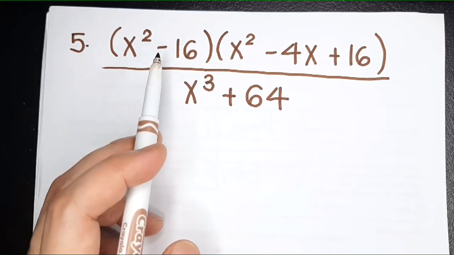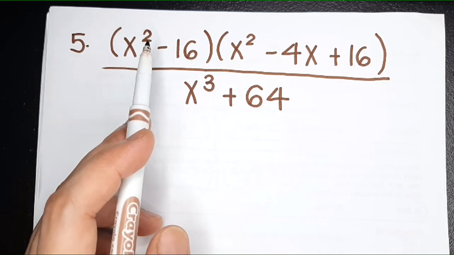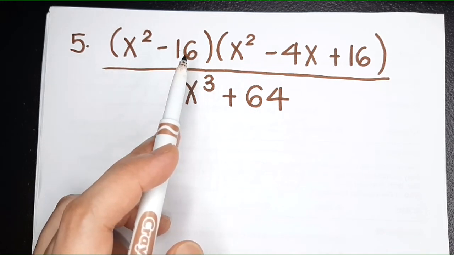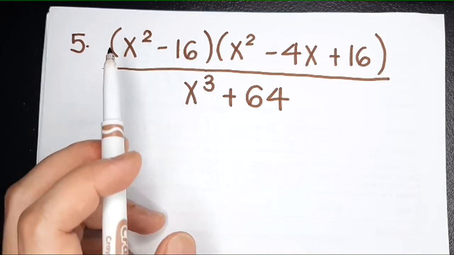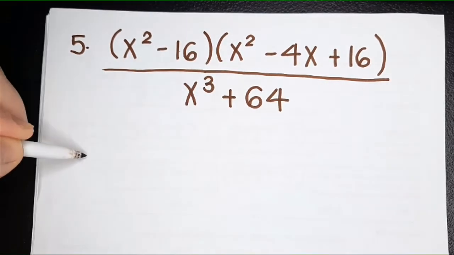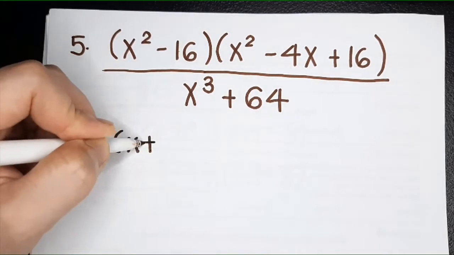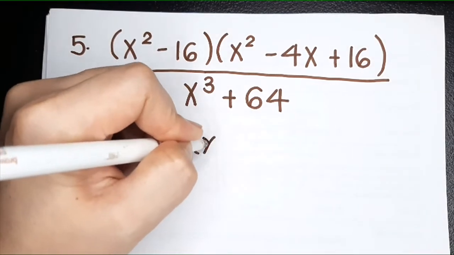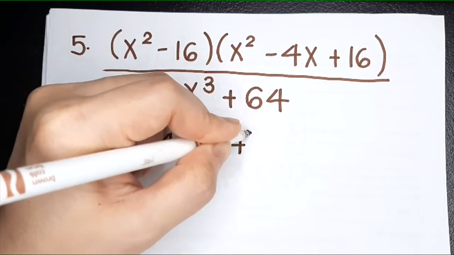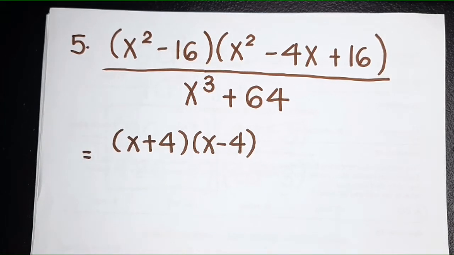Obviously, it is a difference of 2 squares because you have x squared and then 16, you can write this as 4 squared. So you have a difference of 2 squares. So how do you factor it? It is x plus 4 times x minus 4. Right? Okay.